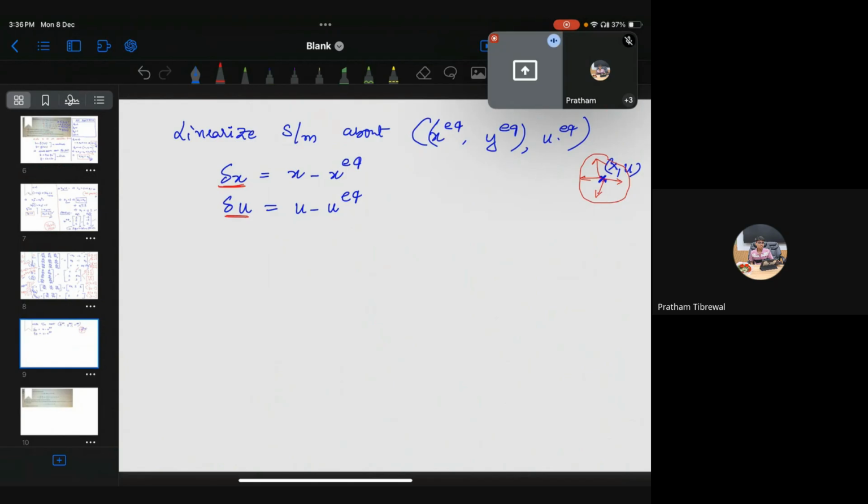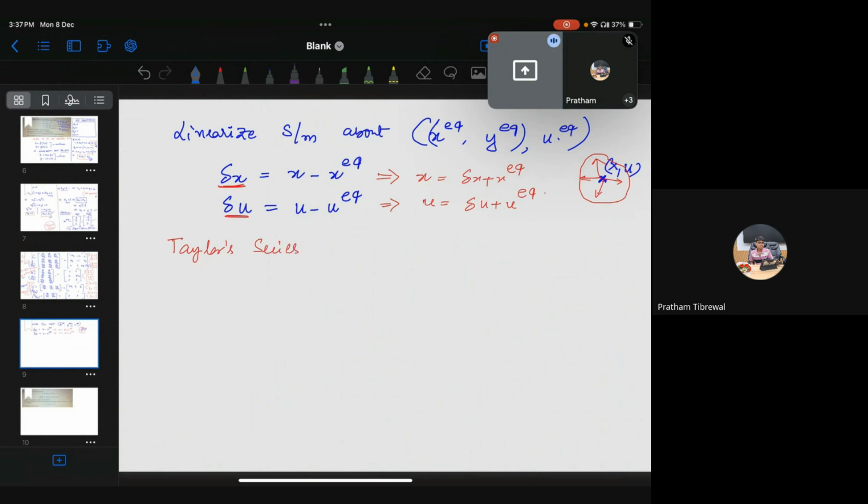The equilibrium point is something that your system will get back to. That's the intention. So x equals delta x plus x equilibrium, and u equals delta u plus u equilibrium. Clear? Now the Taylor series, we know that.